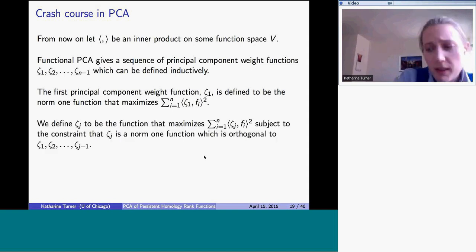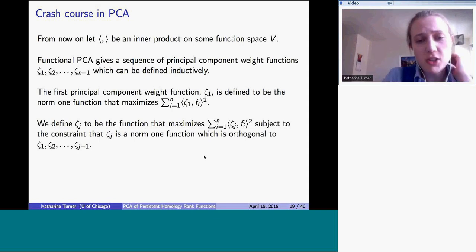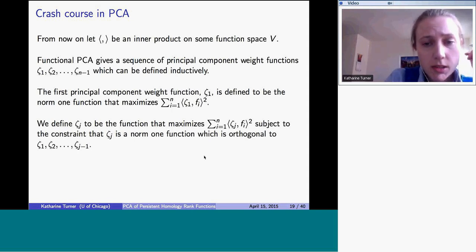Do the next one by saying, well, given it has to be orthogonal to that first choice, what thing will capture the most variance of projecting onto that, and so on and so forth. And the idea is that when you've done j of them, you've found the j-dimensional plane which, projected on, will be the best way of capturing the information of the data that you have.